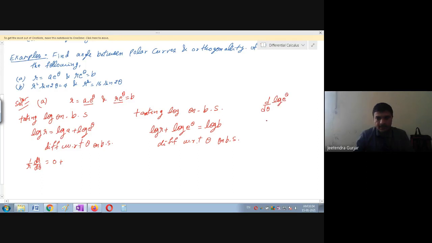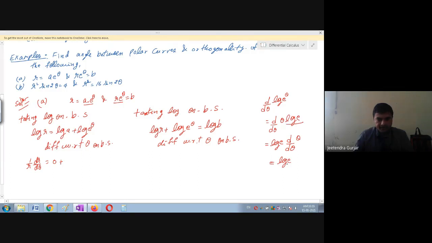One can write this as differentiation of theta log e, because we can see this log e is constant, so I will take outside log e differentiation of theta. What is differentiation of theta, students? One. It is 1. So therefore, differentiation of theta log e. Is it clear?